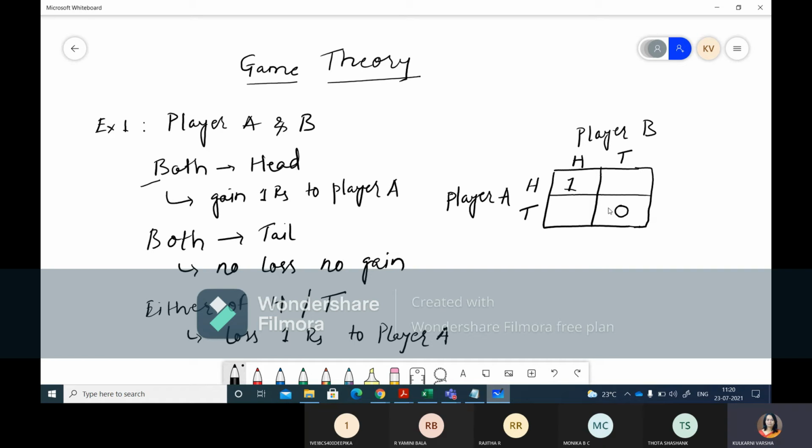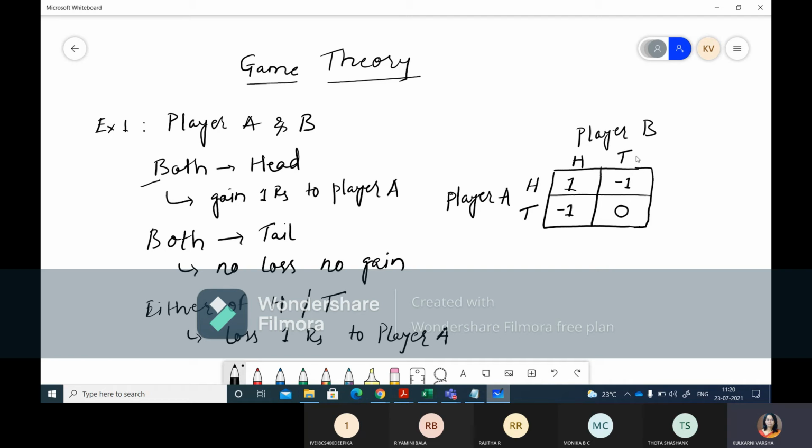That means 0, right? And when one of them gets head and the other gets tail, so if player A is getting head and player B is getting tail, then there is a loss of 1 rupee. That means minus 1. Same way, if player A is getting tail and player B is getting head, then there is a loss of 1 rupee to player A.